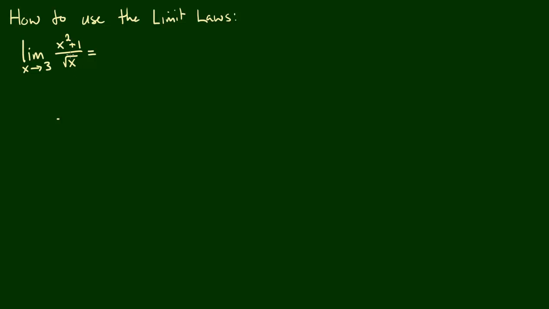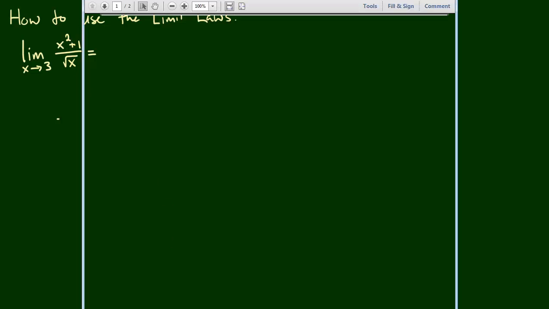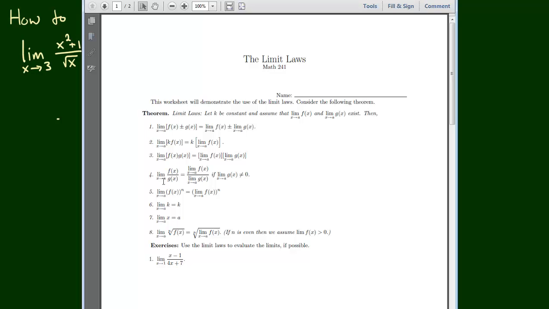I need to get past all of that stuff, and so I'm going to use the corresponding limit laws to do it. Number 4 will help me get past the division, number 1 will help me get past the addition sign, number 8 will help me get past the root, and number 5 will help me get past the squared. So we are able to do all of these things. So let's go ahead and try it out.